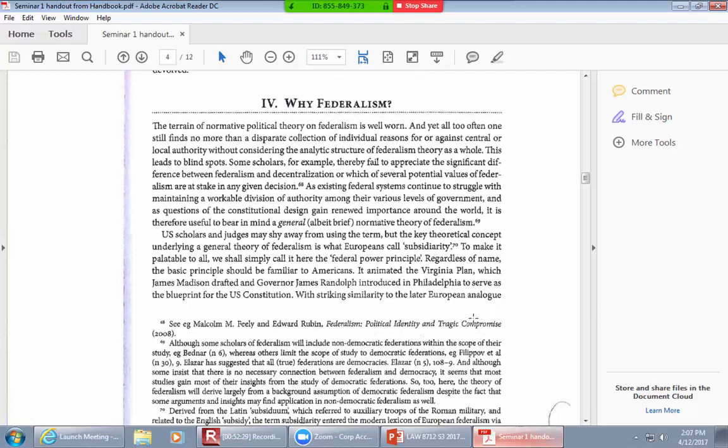Same thing with US scholars, and I can add without hesitation most of the scholars in Australia. There are quite a few actually that talk about subsidiarity, but outside that circle, people don't really want to mention the word.